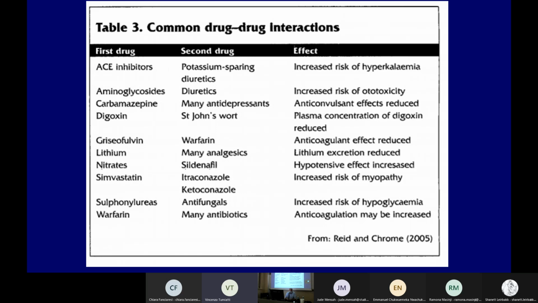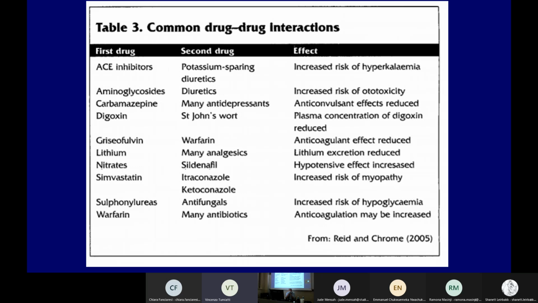Warfarin is used to control the blood platelet coagulation, but the therapeutic window is very narrow. And so if you use warfarin for a long time, and for example we have to use antibiotics, we can have a change in the value of coagulation, and perhaps we can have no coagulation. And so these people can have problems if they cut the skin, for example.